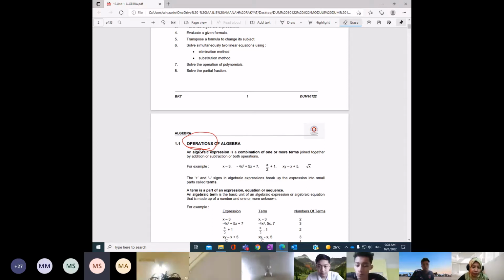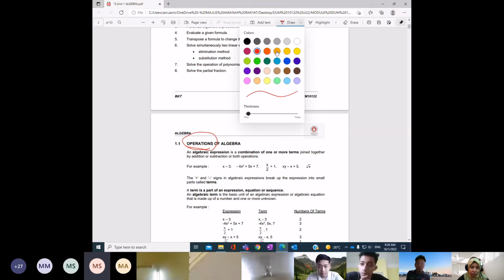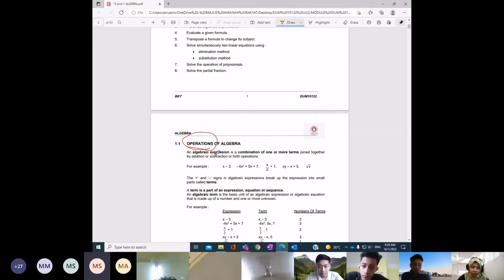Okay, what about algebraic expression? When we are talking about expression, this is different. When you talk about expression, you have to imagine that it is the combination of one or more terms. Terms tu apa? Contohnya, katalah kita ada X sahaja.